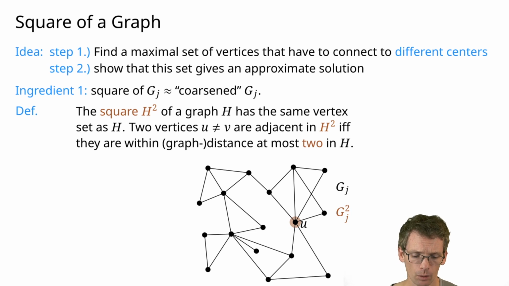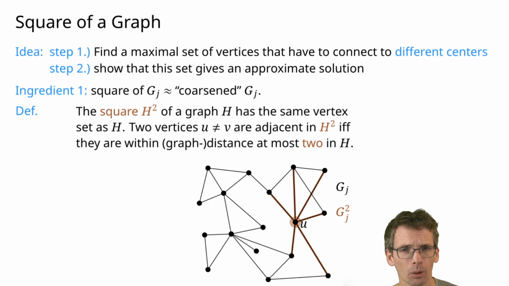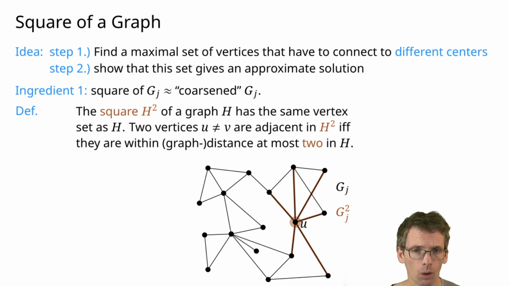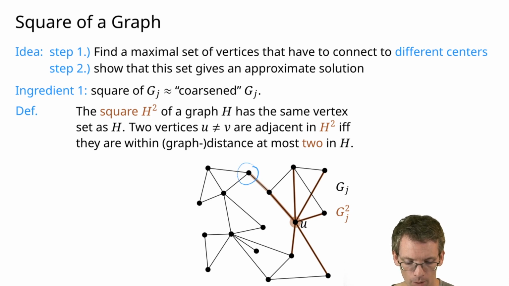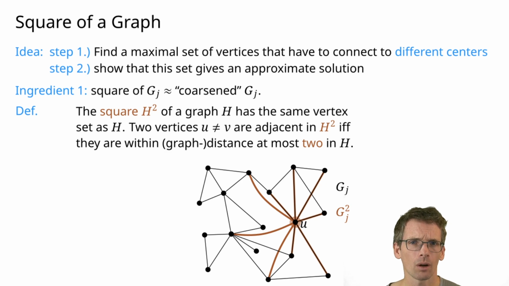For this vertex u, if I now want to know which other vertices are adjacent to it in Gj squared, then first of all, obviously all of those that have graph distance 1, so which are adjacent to this vertex, but then also those that are adjacent to these vertices. That then also includes the vertex up here, and then from here I can also reach this one and that one. So all of these vertices will be adjacent to u in this square of Gj.